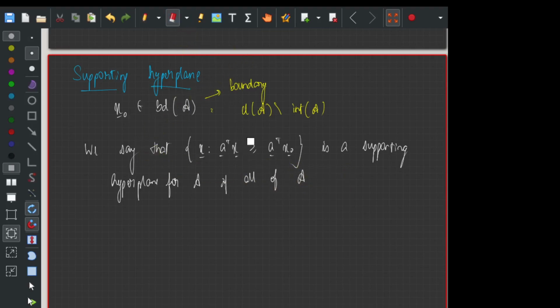In other words, A transpose x is greater than or equal to A transpose x0 for all x in the set.